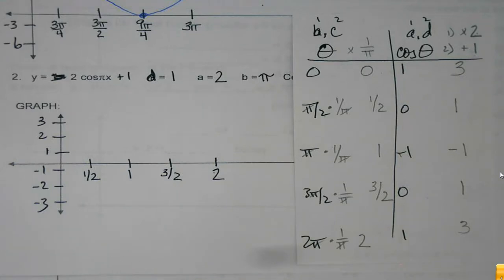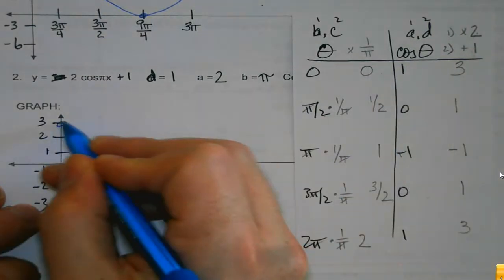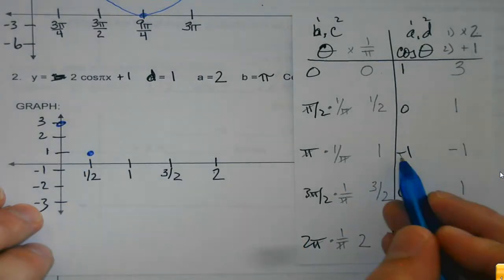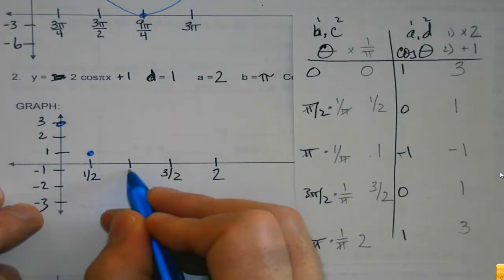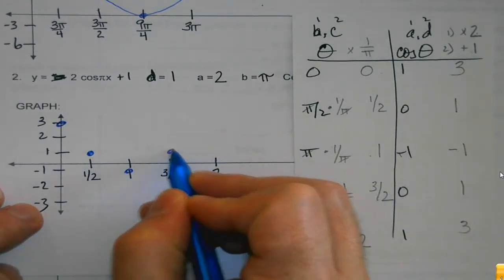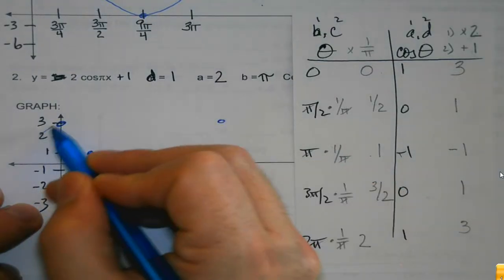And now it's just basically take the chart and work it. So at 0, I'm up at 3. At 1/2, I'm at 1. At 1, I'm at negative 1. At 3/2, I'm back up to 1. And at 2, I head back up to 3.